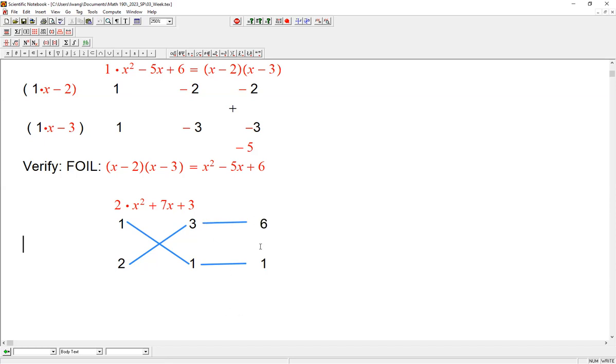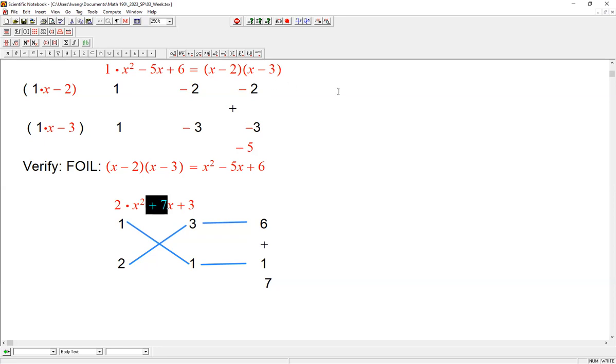And then, of course, we're adding these two numbers, and 6 plus 1 is equal to 7. And 7 matches the 7 right here perfectly.